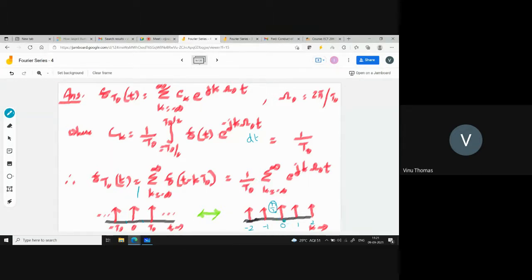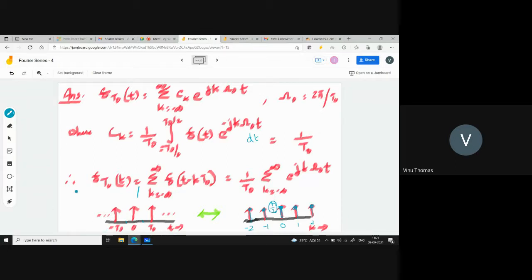So you see that the line spectrum also consists of impulses, right? The height of these lines, these are impulses. Here let us think of a Kronecker delta. These are not Dirac deltas. Instead these are Kronecker deltas, because their height is 1 by t0. You know what is a Kronecker delta?